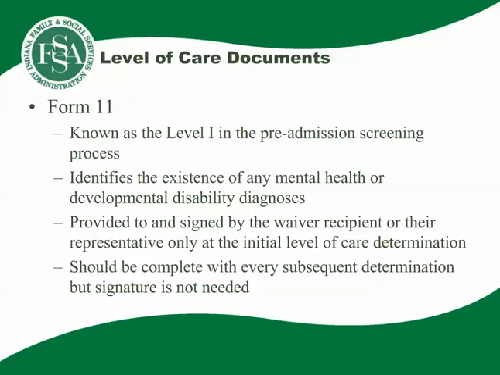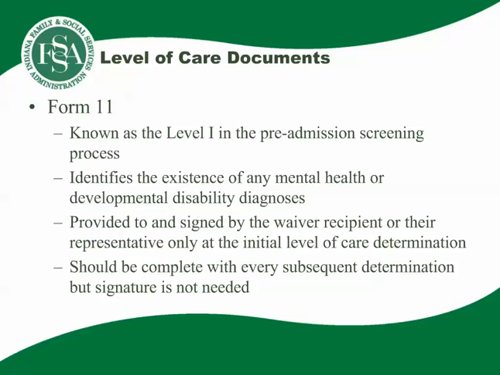When the Form 11 is completed on the first initial level of care determination, it has to be printed and provided to and signed by the waiver recipient or their representative. That only has to happen at the initial level of care determination.